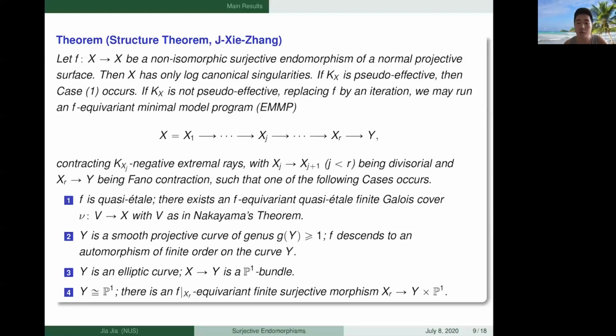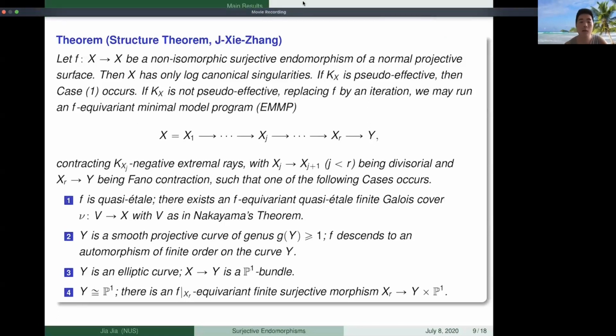If K_X is not pseudo-effective, then after replacing this f by an iteration, we may run a f-equivariant minimal model program from X_1 to this X_r, then to this Y. Each step contracting a K_Xj-negative extremal ray. From X_j to X_{j+1}, this morphism is a divisorial contraction, and the last one, X_r to this Y, is a final contraction, such that one of the following cases occur.